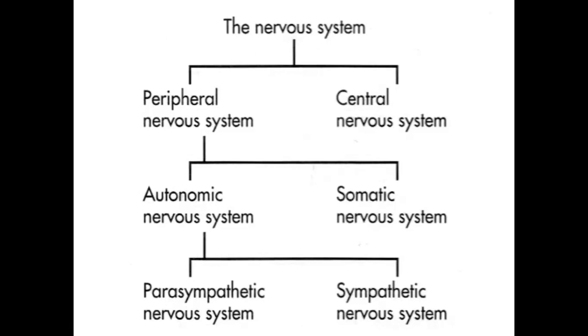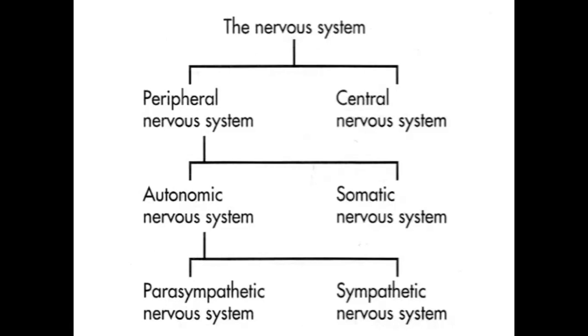And this autonomic nervous system is not under voluntary control, and therefore it was named by Langley as autonomic, from autos meaning self and nomos meaning governing, which is a Greek word.